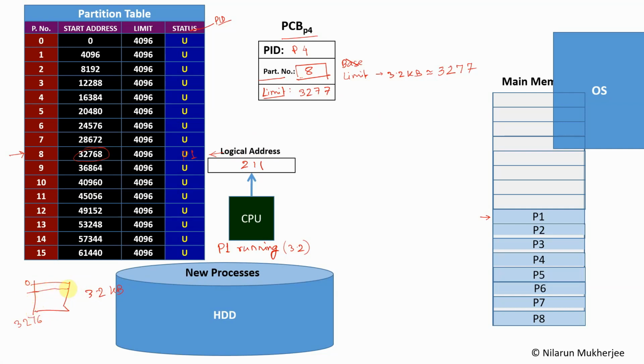So it was trying to address something here, 211. This logical address is not a correct physical address. Why? If we just directly feed this to the MAR, we will try to access somewhere here, and that belongs to the OS. So we need to map from the logical address to the physical address.